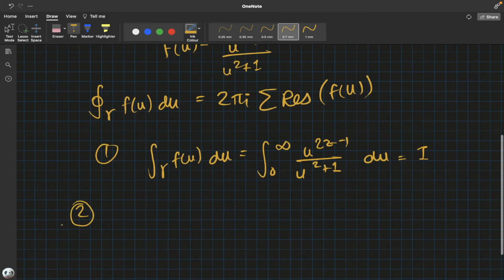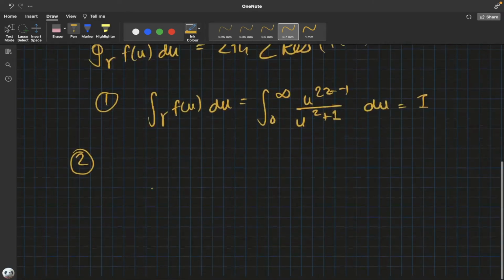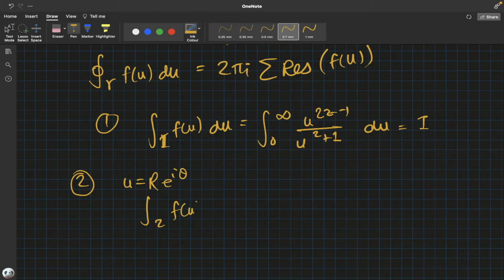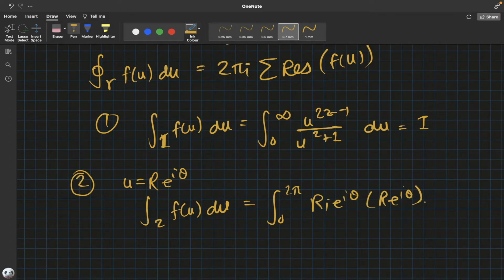Now for the loop, part 2, the big closure, parameterize u as r e to the i theta, as before. So this is the integral of f of u du from 0 to 2 pi, of r i e to the i theta, r e to the i theta to the 2z minus 1, over r squared e to the 2i theta plus 1, d theta.